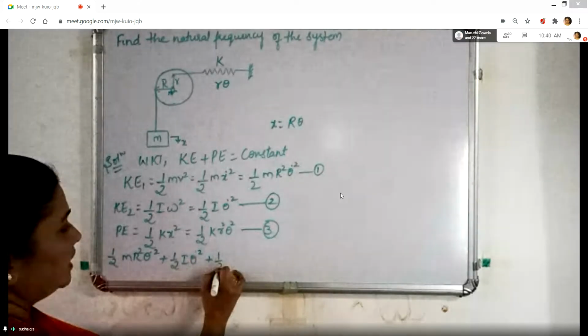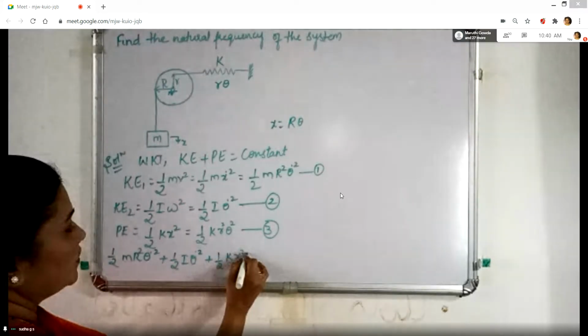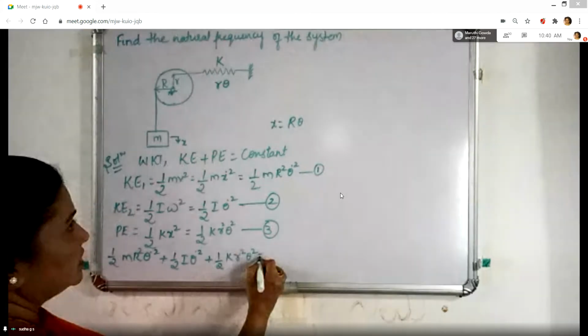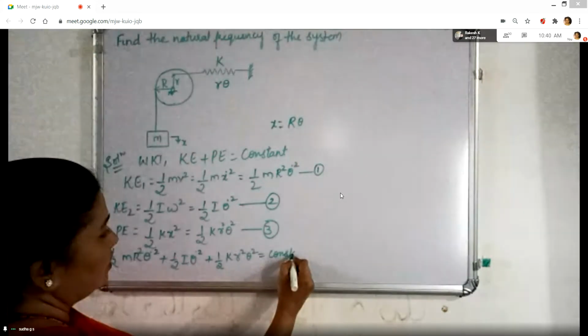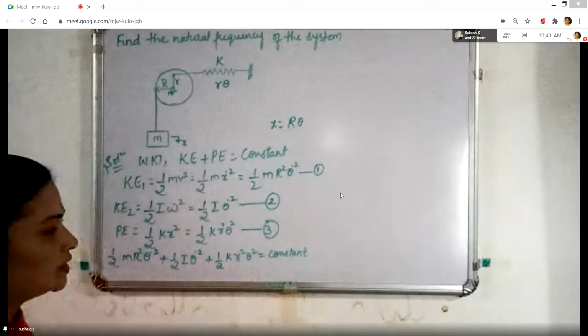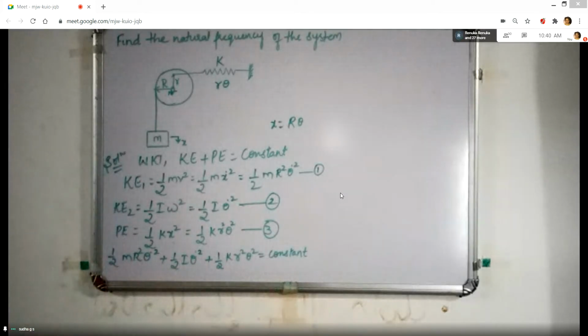Plus 1 by 2 k r square theta square is equal to constant. So differentiating this equation with respect to t. So what do you get?